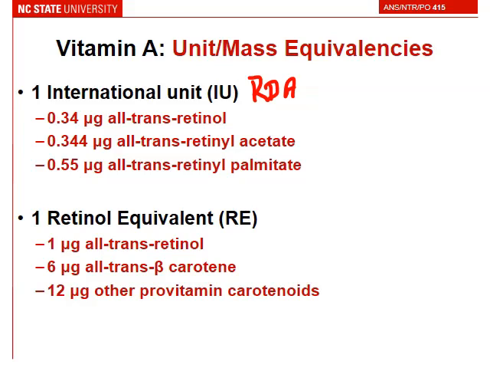If you look on the back of a label, it's going to give you the international units of vitamin A that you need. Our all-trans retinol, so this is our alcohol, because we have the OL, if you remember your naming of alcohols from organic chemistry.